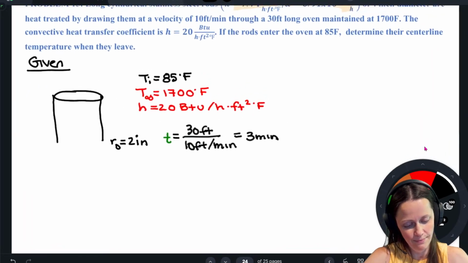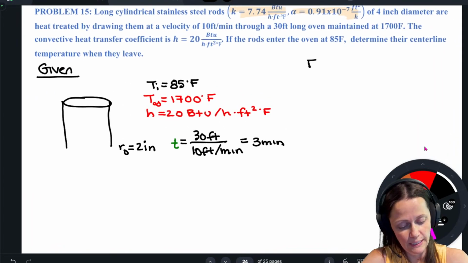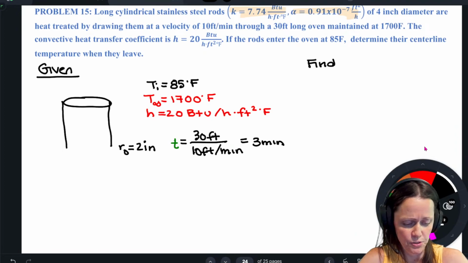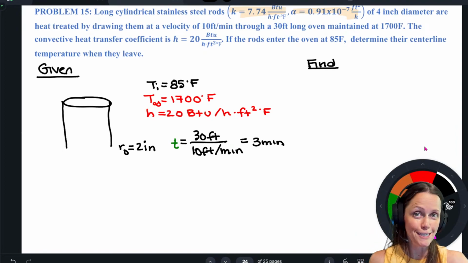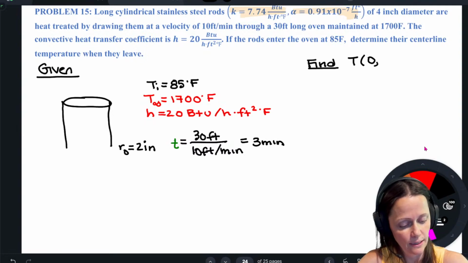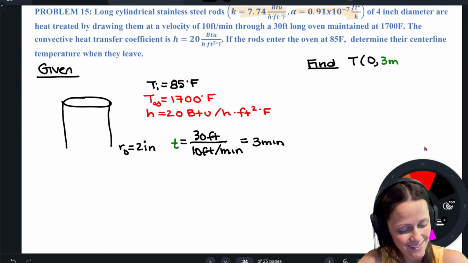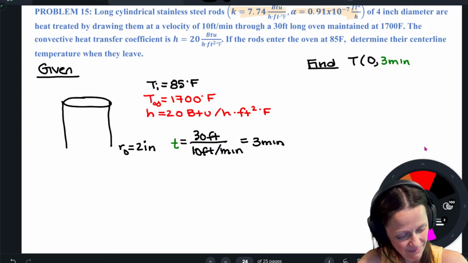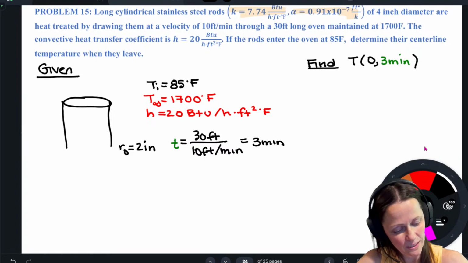Okay. So we want to find the centerline temperature at that point. So perfect. Easy peasy. So we want to find the temperature at r equals 0 and 3 minutes. Perfect.